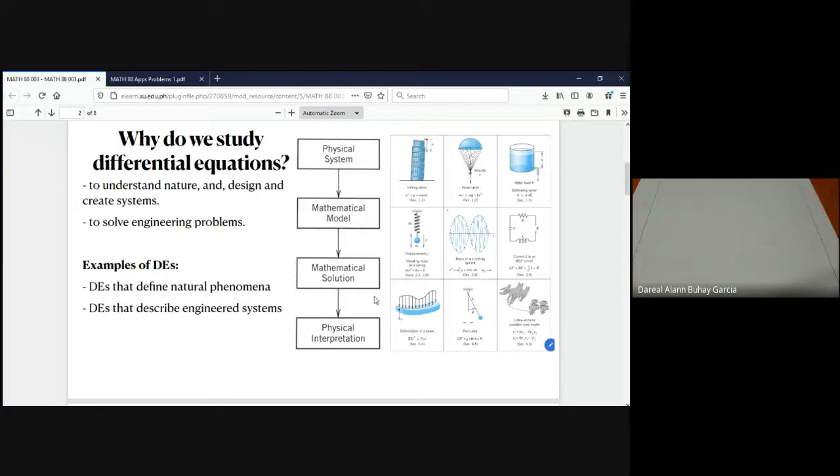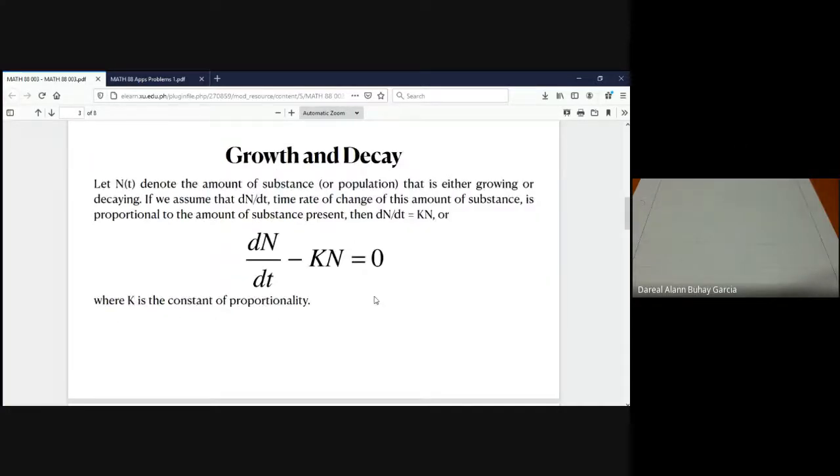physical systems, whether natural or man-made. One would be the growth and decay phenomenon. When you say growth, it might be a population growth or interest, or profit. So other things that grow.